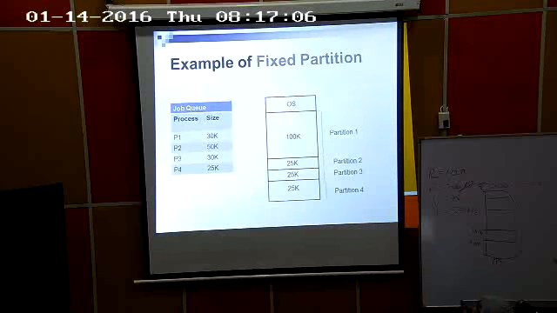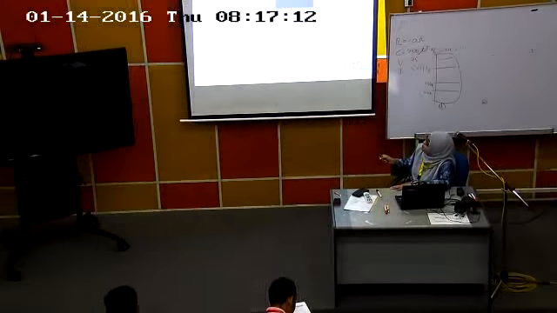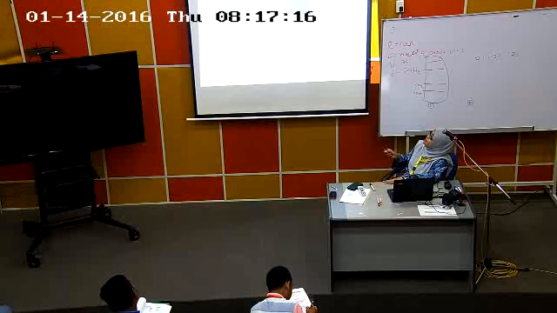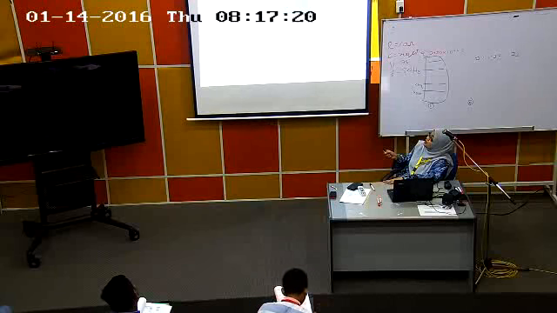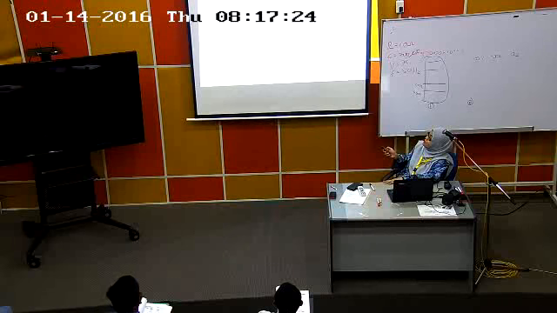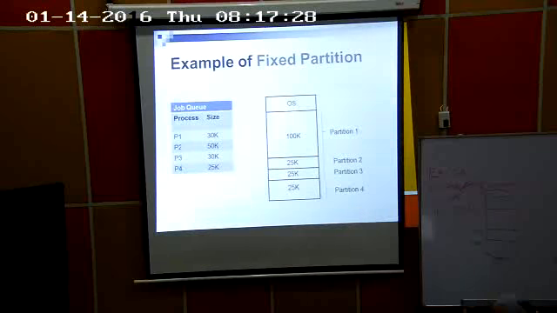How does it apply? Look at P1. P1 is 30K, we slot it into the first partition. And how much space is wasted?